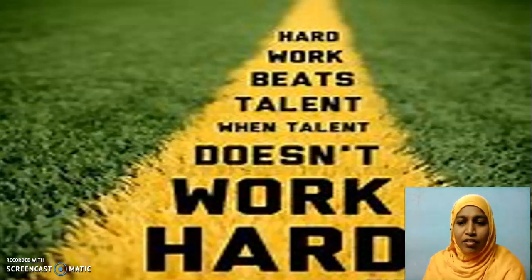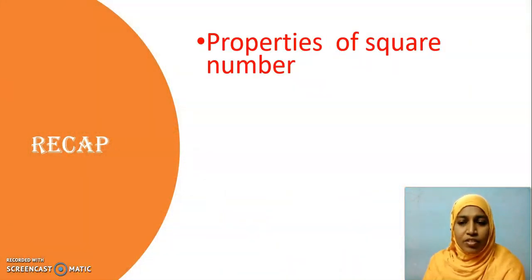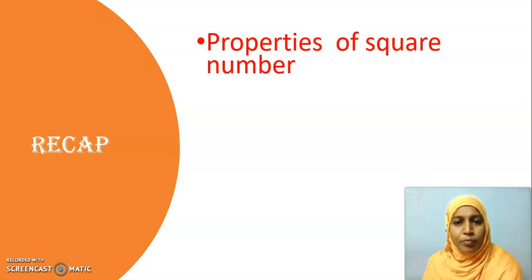Okay, let's have a small recap of what we have learned in this chapter. First, we started with properties of square number. This chapter is squares and square roots. So we started with squares. Hope you could recall all the properties of square number.